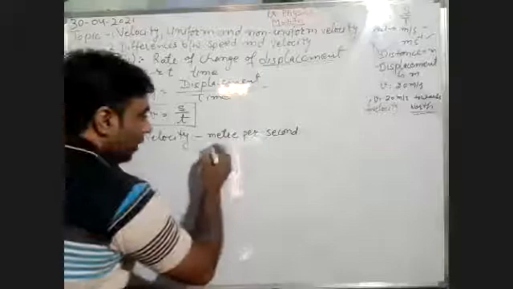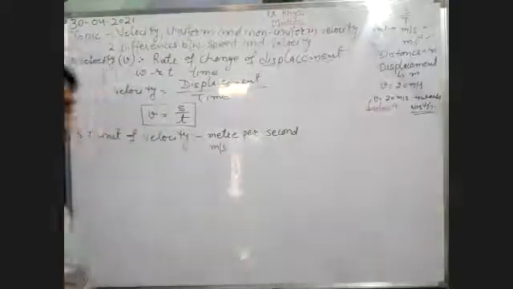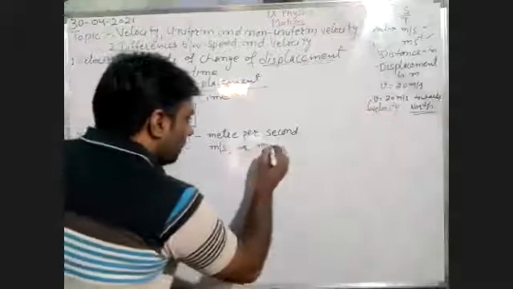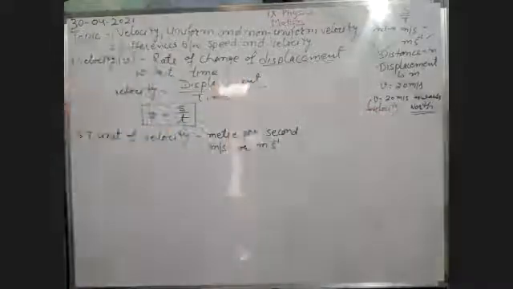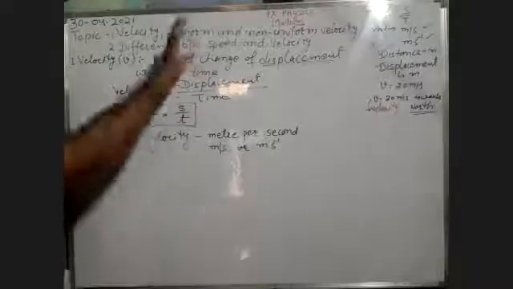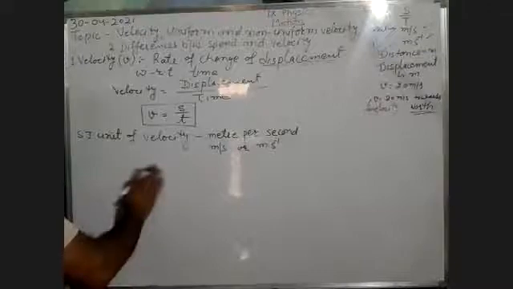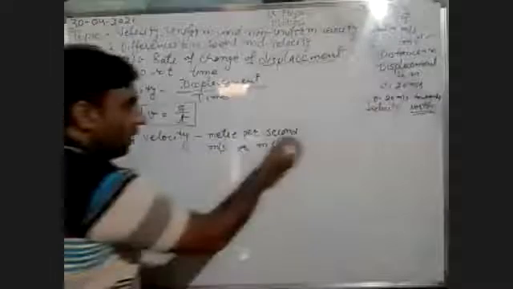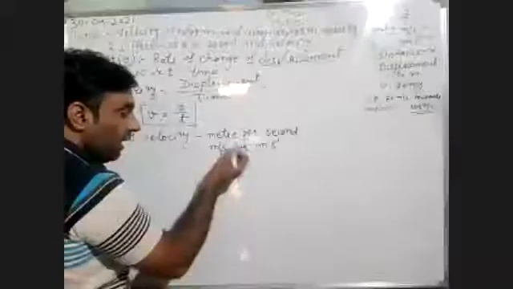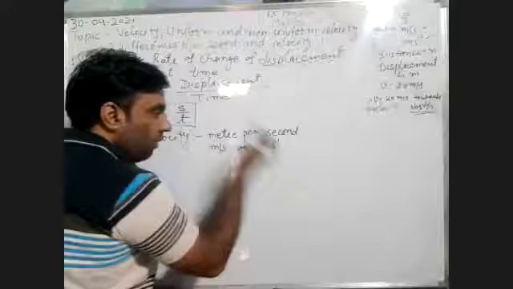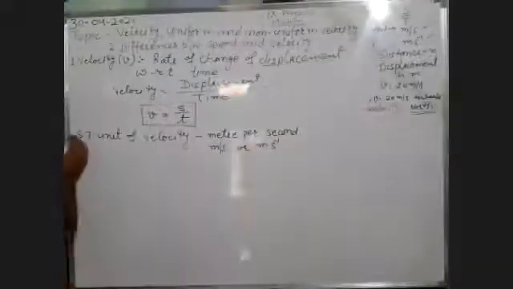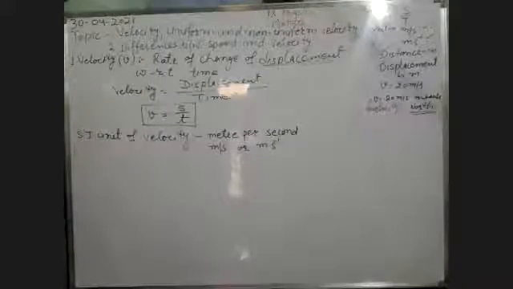We can write it like this: meter per second, or meter second raised to the power minus 1, the same way as we did for speed. The basic difference is direction. When we take the second into the numerator, the power will become negative. What about the scalar or vector quantity? Which type of quantity is this? Velocity is a vector quantity.